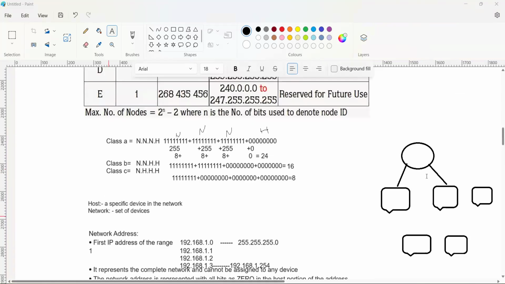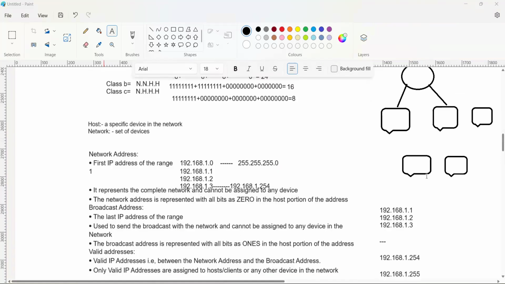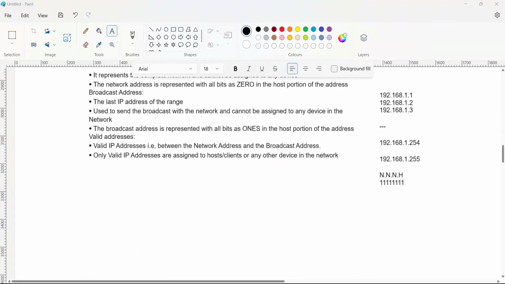This is rule 4, rule 3 only. Up to here, does anyone have any doubts? And what about rule 5? We can only use class A, class B and class C, but class D and class E we cannot use.